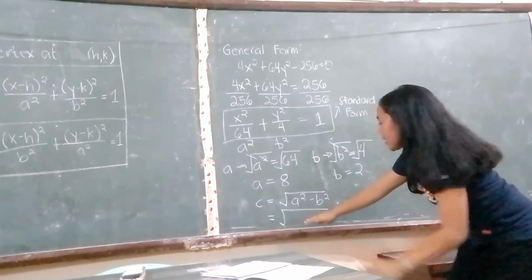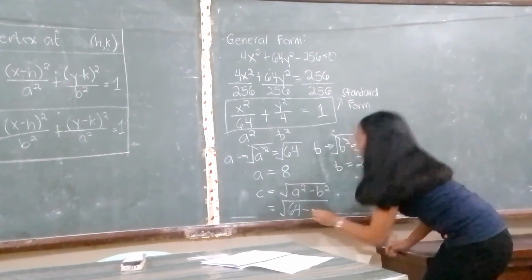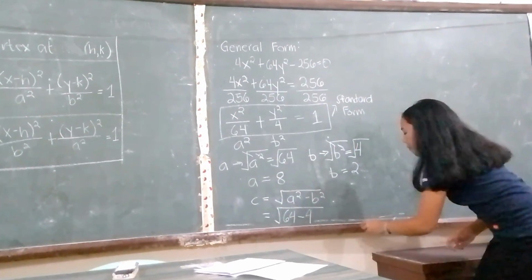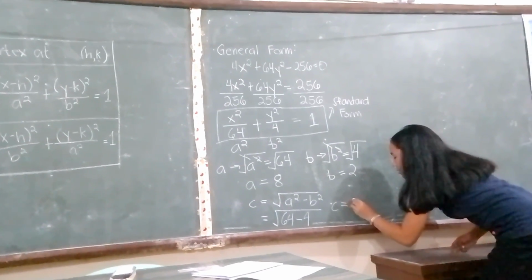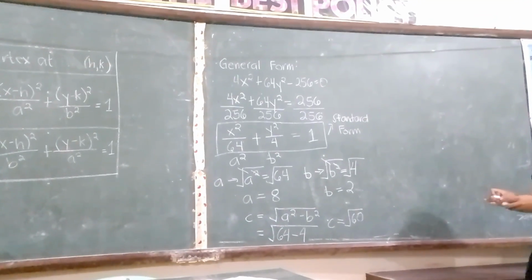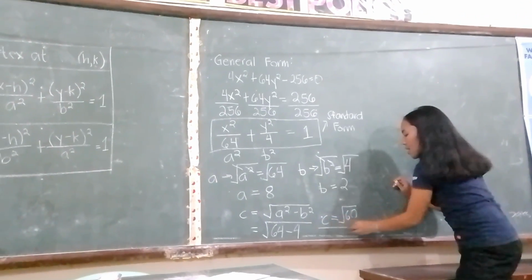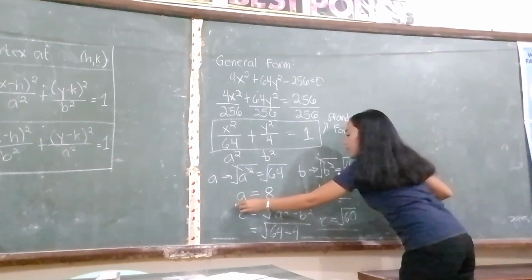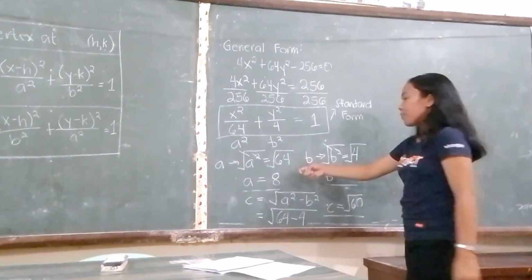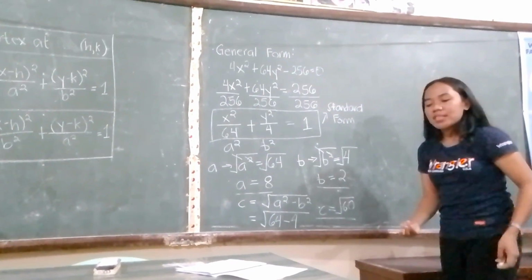Our a squared is equal to 64 minus our b squared is equal to 4. Therefore, our c is equal to square root of 60. And since 60 is not a perfect square, our c is equal to square root of 60.